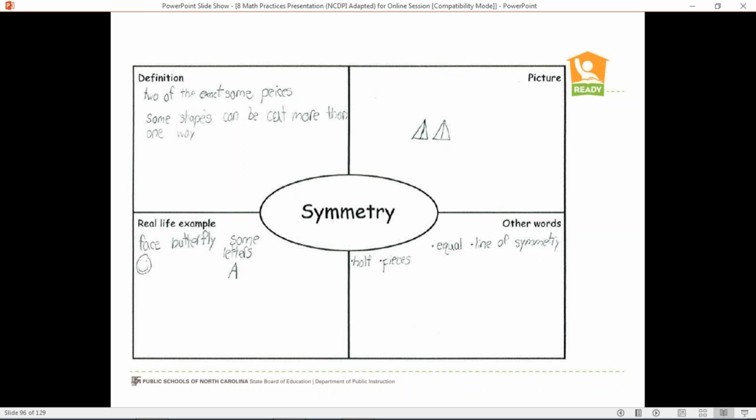As you look through that, this is again just how one student interpreted symmetry, right? And we can think about the importance of using student examples and student definitions over necessarily what the book says.